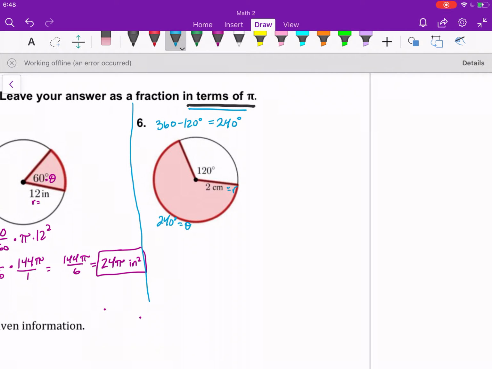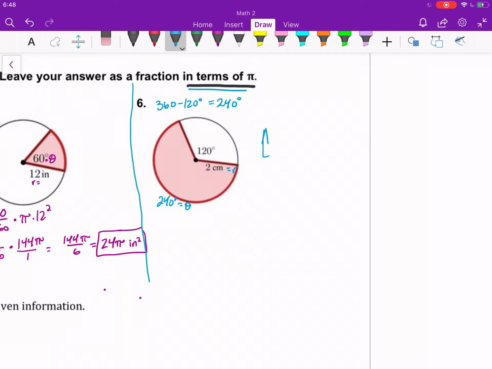So let's go ahead and find our area. There we go. Area is 240 degrees over 360 multiplied by pi times our radius squared. And then we're going to simplify that.